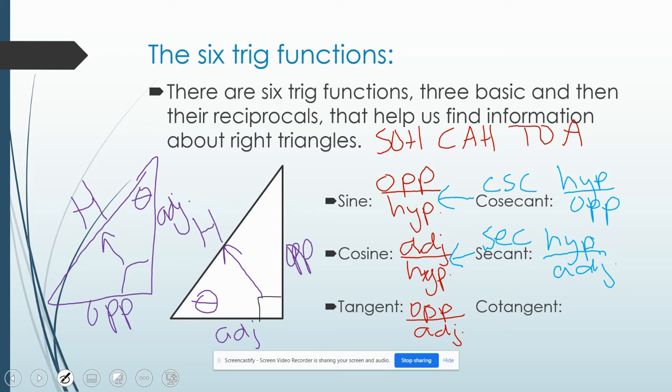And then cotangent, COT, is the exact opposite of tangent. And that one's kind of easy to remember because it's got the word tangent in it. And again, we're flipping that exactly upside down, and that's found by adjacent over opposite. So these are the 6 possible trig functions that we can find from a right triangle.